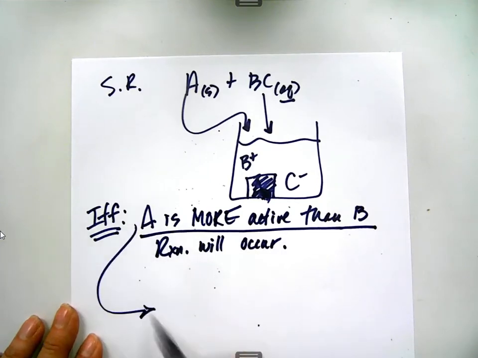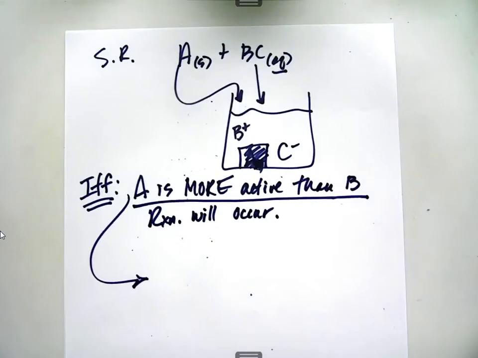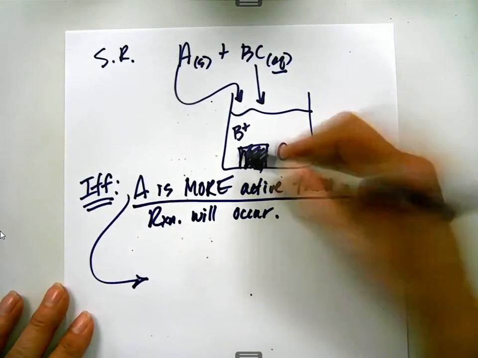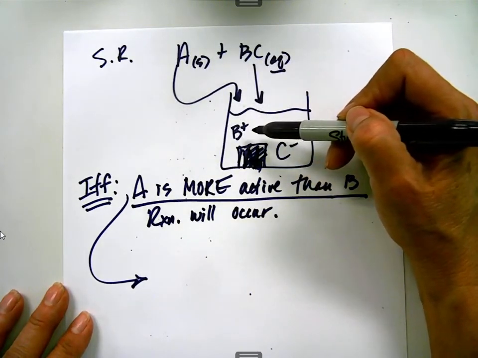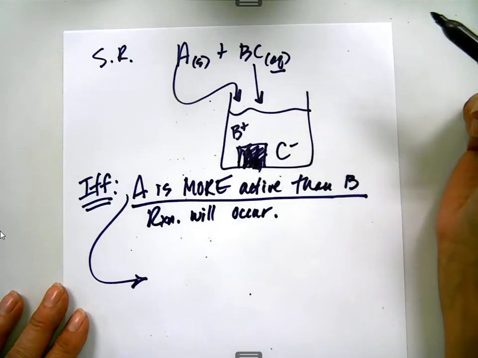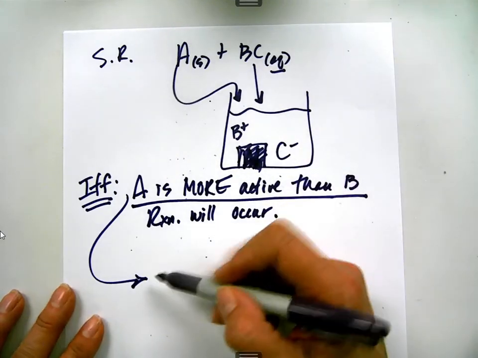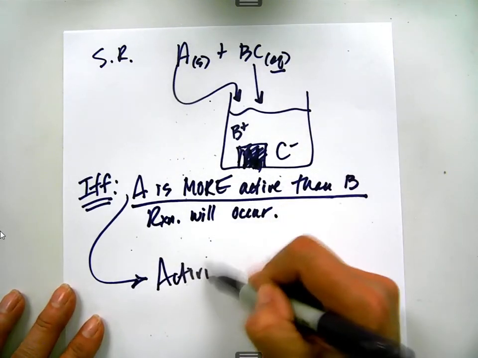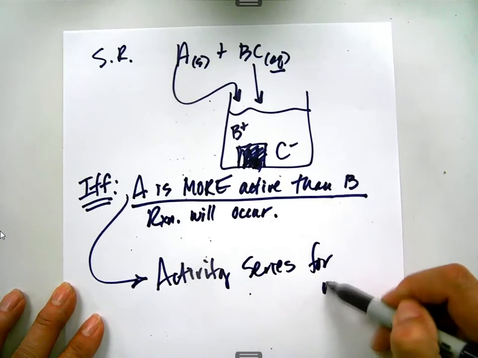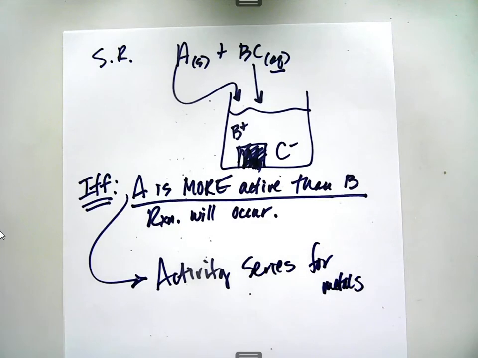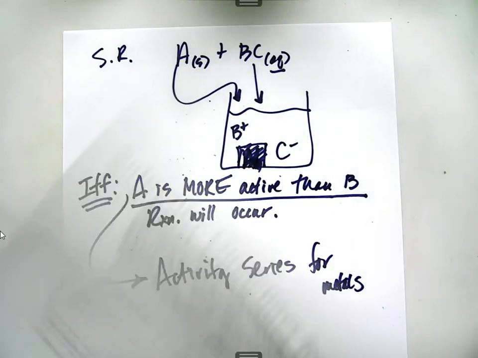Does anybody know the reference we would use to determine if the metal A that I plugged into my aqueous solution was more active than the metal ion B? How would I determine that? It's called the activity series. It's the activity series for metals. It's on the periodic table that I gave you, on the back of the periodic table.